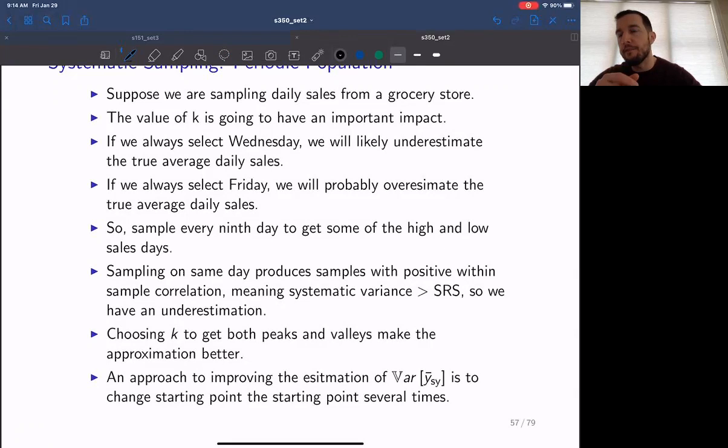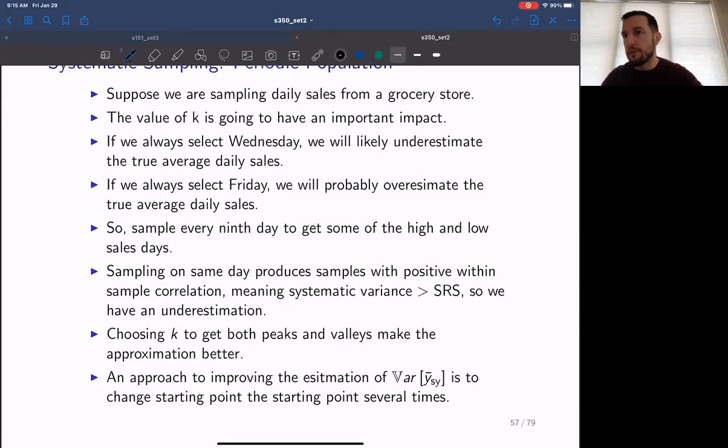Furthermore, if you sample on the same day of the week and choose a day that's earlier in the week, like Monday, Tuesday, or Wednesday, you might run the risk of underestimating not only the variance of the mean, but also the true value of the mean. Because if the true value of the mean is the average across all days of the week and you only take values early in the week, you're probably going to miss the days with larger sales.